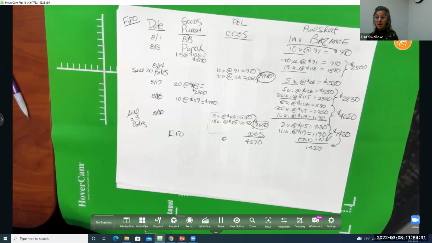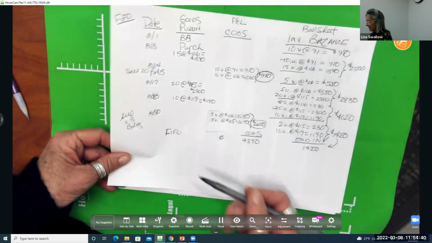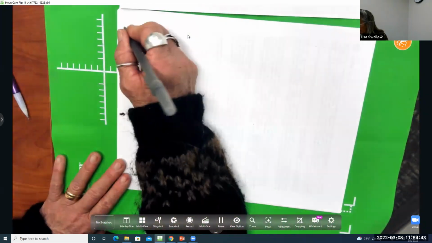The next one we're going to practice is LIFO, and it works exactly opposite. So take another piece of paper. We're using the same data, and let's set up LIFO.